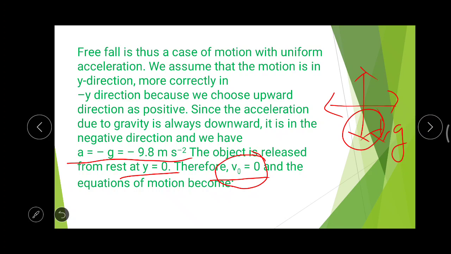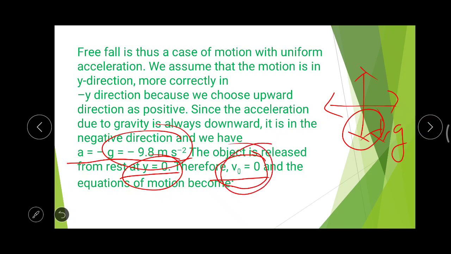Then for the equation of motion, we have to consider these things: acceleration is minus 9.8 meter per second square, y0 is equal to 0, and initial velocity v0 is equal to 0.